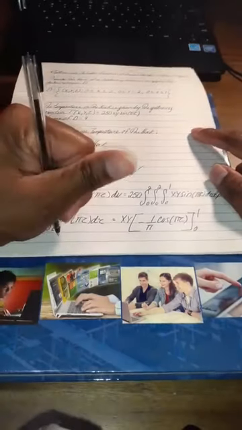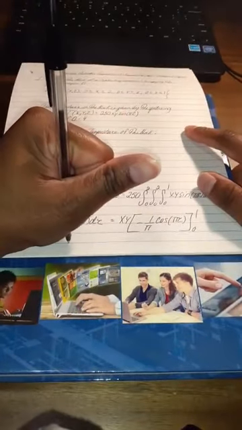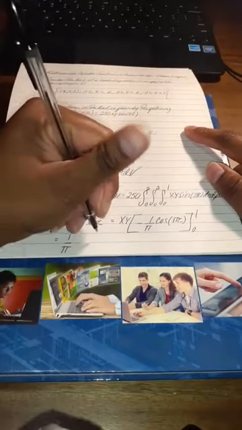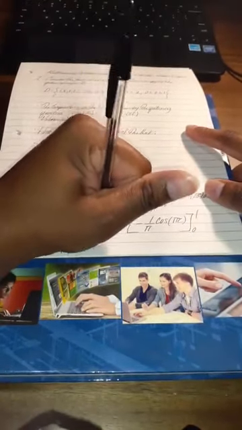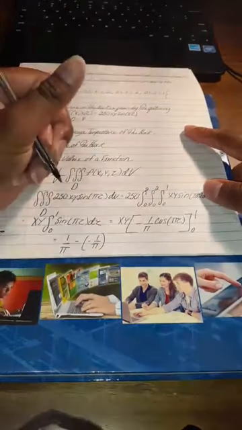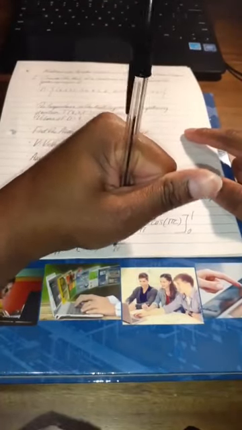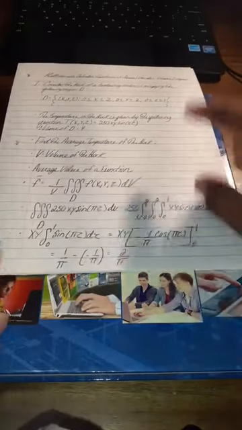Now notice that if we stick in the 1, we'll get 1 over pi. If we stick in the 0, we'll get negative 1 over pi. So this is essentially 1 over pi plus 1 over pi, which will give us 2 over pi. But we do have to multiply by the xy on the outside.